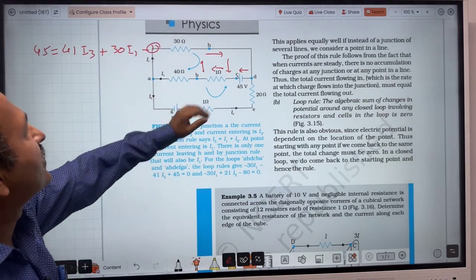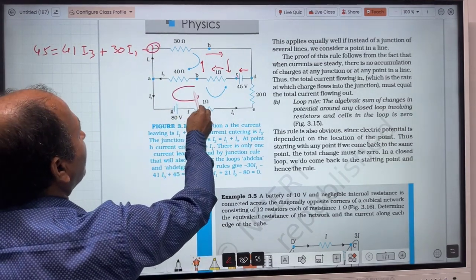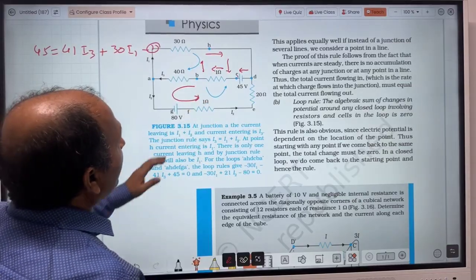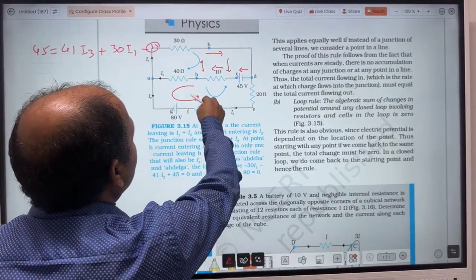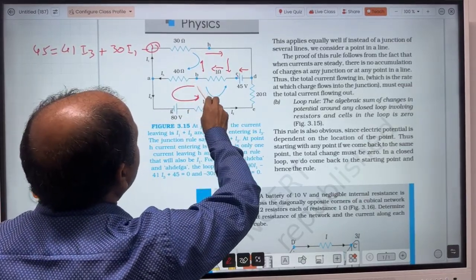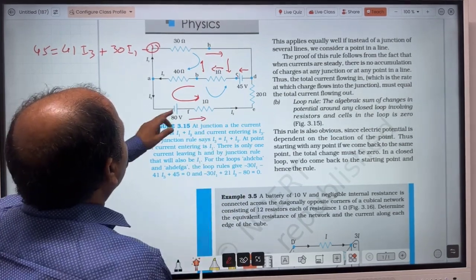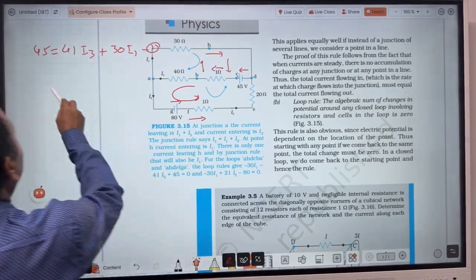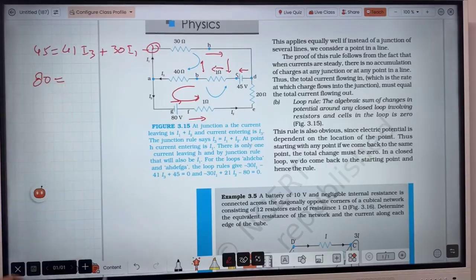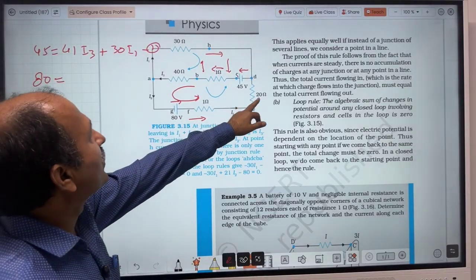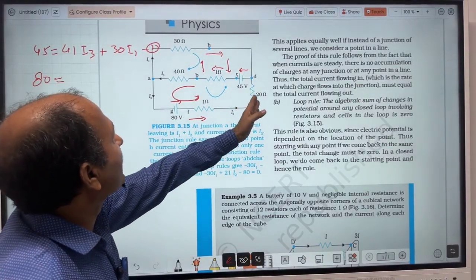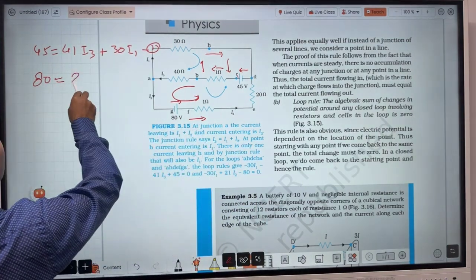Now if you consider this loop and you move like this, keep in mind, the choice is yours. It is not necessary that you should move like this. You can change the direction also. Suppose we are moving like this, so the cell will be positive, so we write here 80 equals, then this is 1 ohm, this is 20 ohm, so 21 ohm, and you are in the direction of current, so 21 I2.